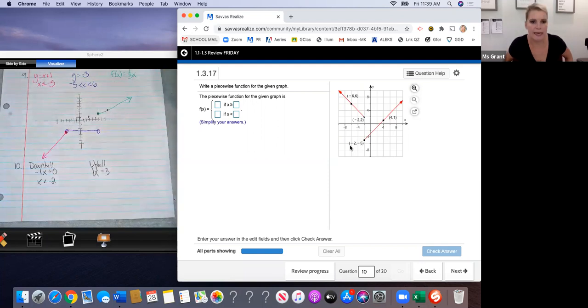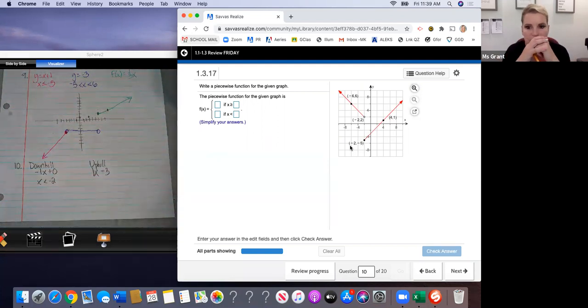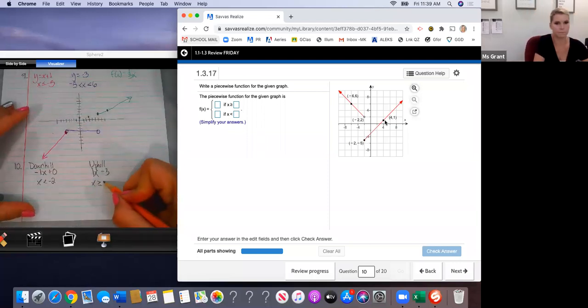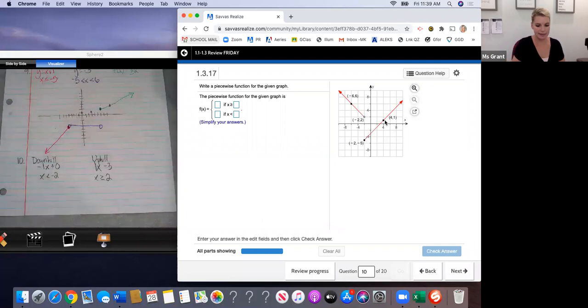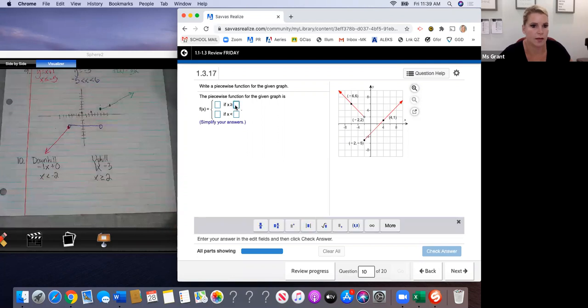My constraints for my uphill line, here's my x equals 2, and it's closed circle greater than, goes to the right. X is greater than or equal to 2. Now I have to type that in. They've given me my inequality symbols already. X is greater than or equal to, so let's do this top one.